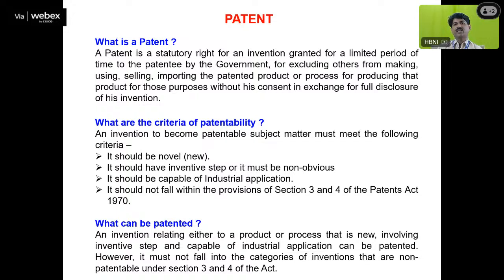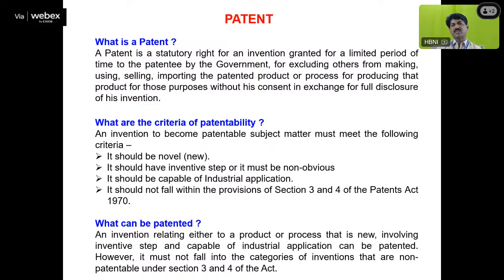So in the Indian specifications, the person going for the patent has to write where the product or the process can be used in various industries and what the probable applications will be. Then only can it go for the patent application. And also it should not fall within the provisions of Section 3 and Section 4 of the Patents Act 1970, which is still followed.